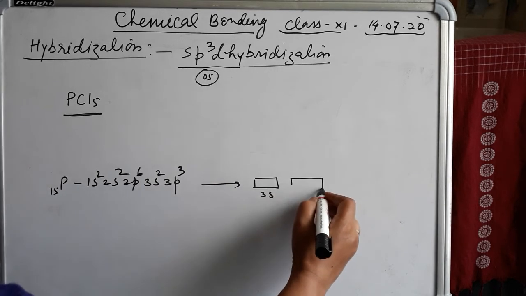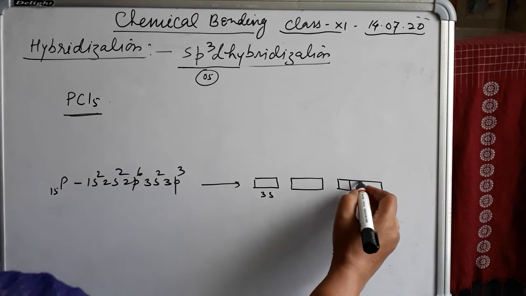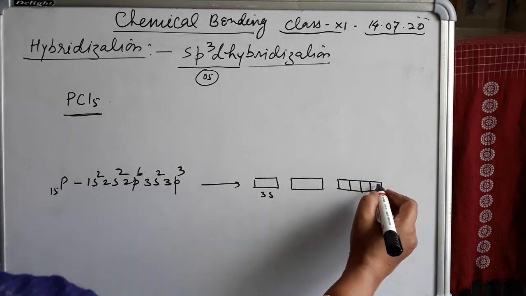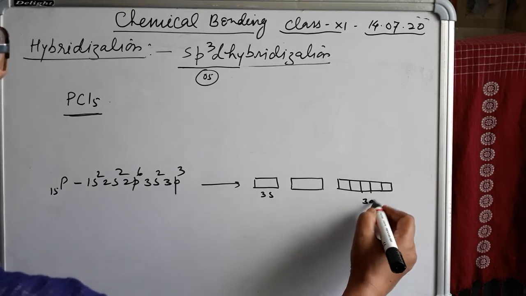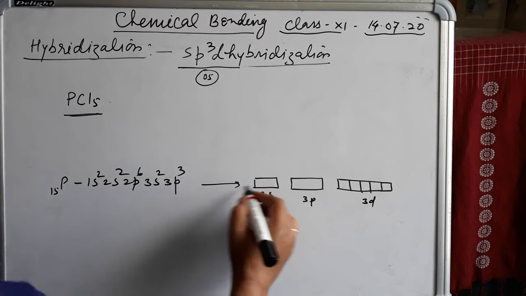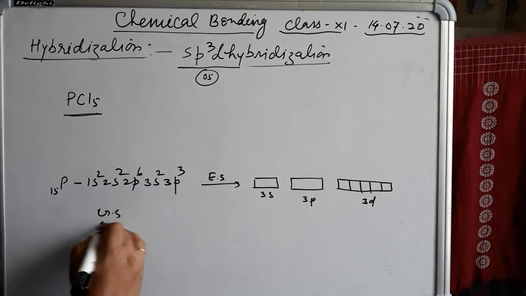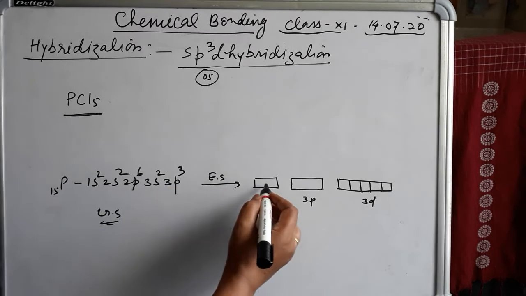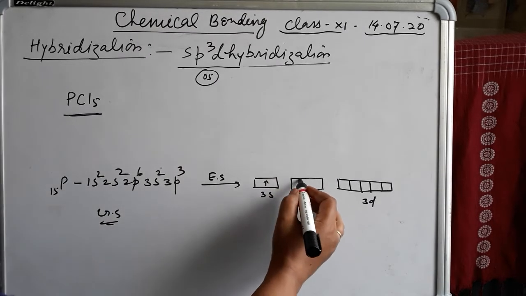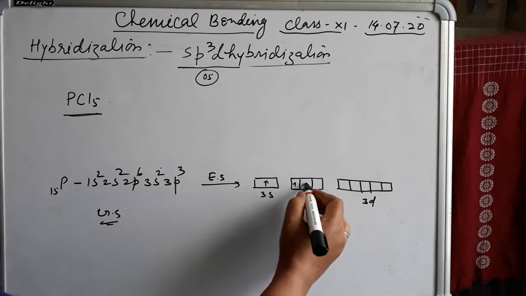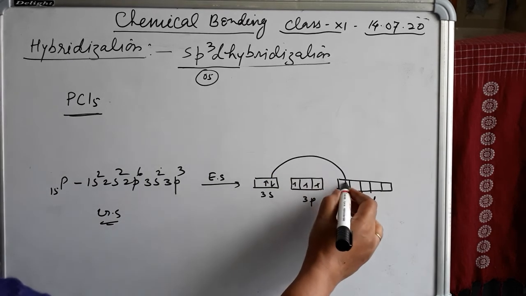In the third shell there is also a d orbital present: 3s, 3p and 3d. In the excited state, the s electron, 3s2, goes to the d.